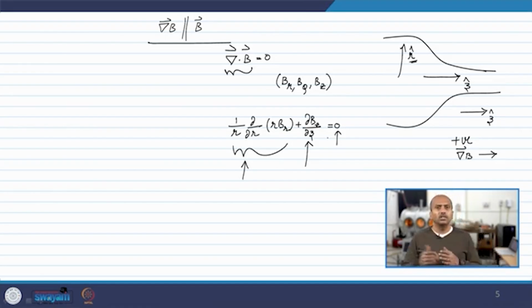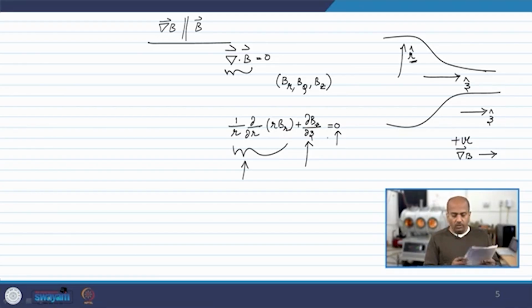So, this is a cause and effect kind of thing. Since you have created a magnetic field like this, it invariably produces a magnetic field component along r, which tries to nullify dou Bz by dou z, just so that the divergence becomes 0, right.